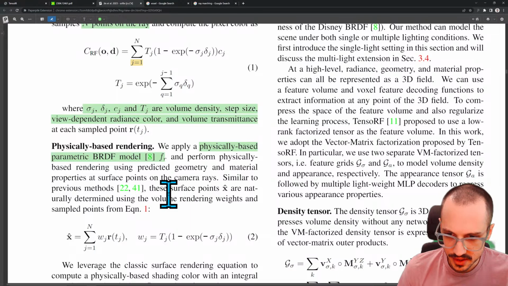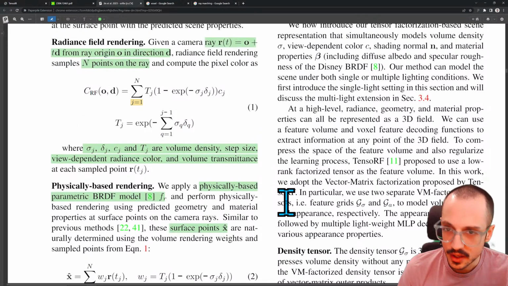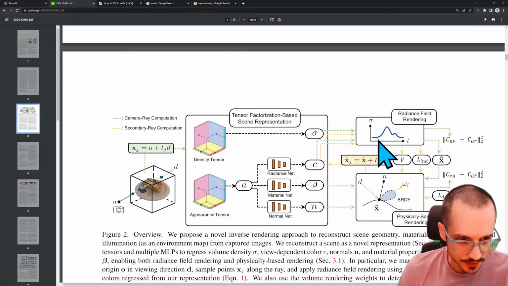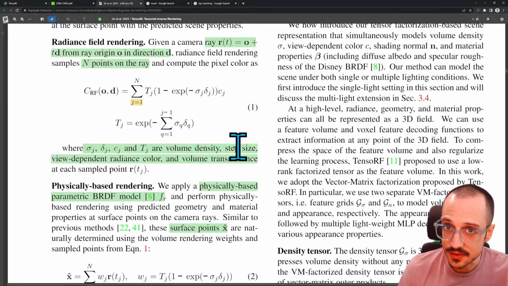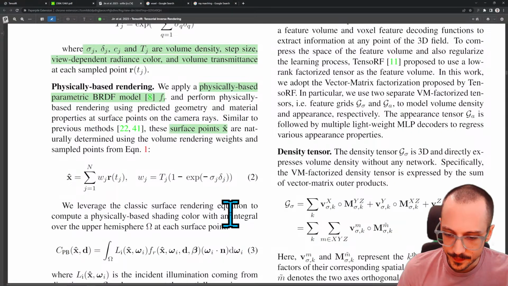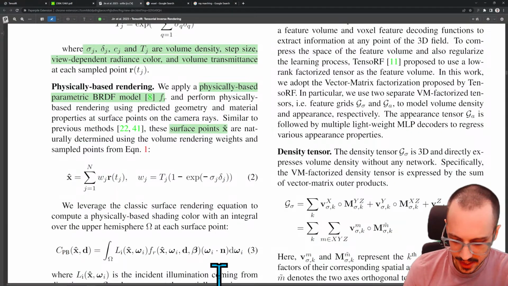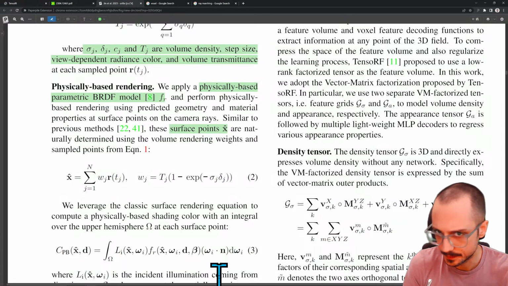These surface points x hat, and we don't know exactly how they're getting it, are naturally determined using the volume rendering weights sampled from equation 1. So they're getting the surface points from the radiance field. A little bit like a chicken and egg problem, right? Like, how do you get the original surface points?